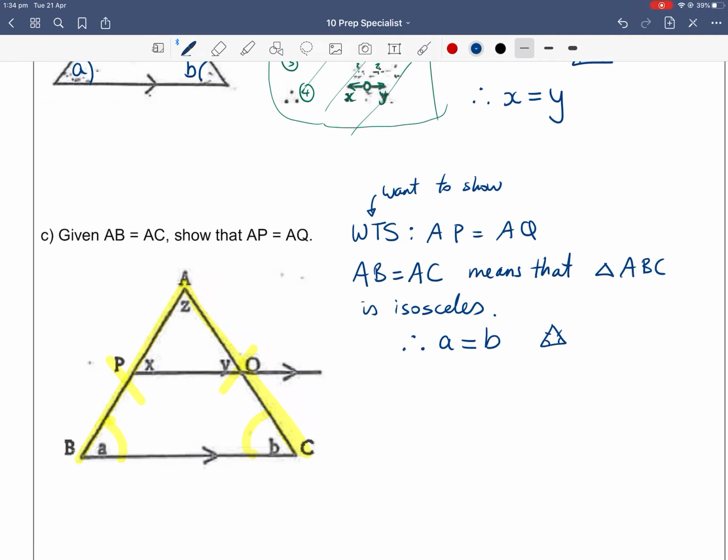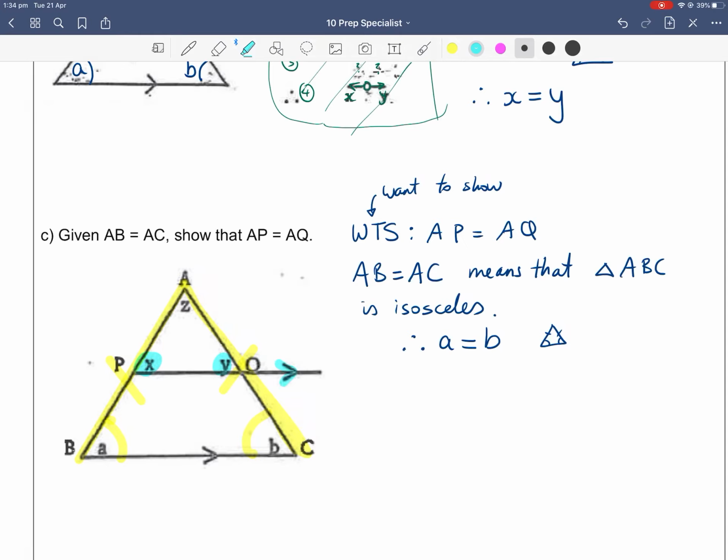So we've got angle A and angle B. What else do we know about the diagram? We can clearly see that they've labeled an angle X and an angle Y. How does that help us?